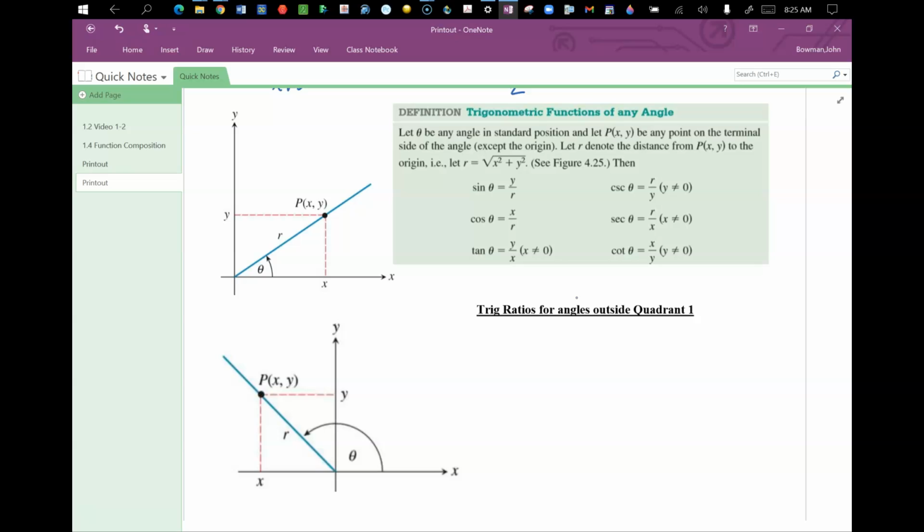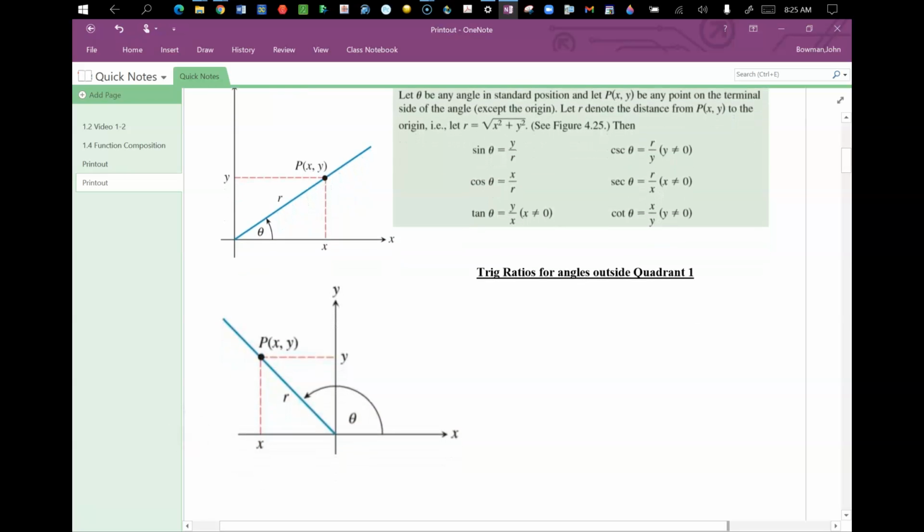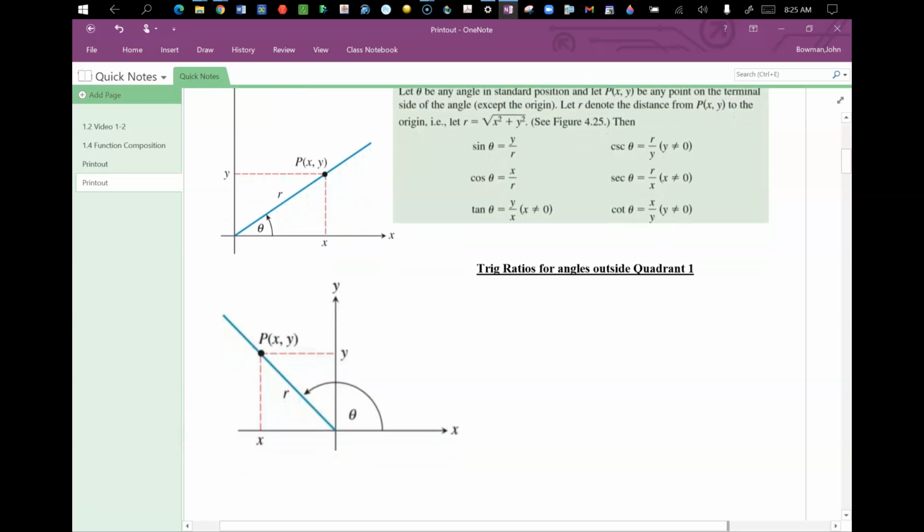Now, I know that many of you first learned trig from right triangle trig, and you are used to using SOHCAHTOA. So sine is opposite over hypotenuse, cosine is adjacent over hypotenuse, and tangent is opposite over adjacent. And I'm fine with that when we get to angles outside of the first quadrant, as long as you draw a reference triangle.